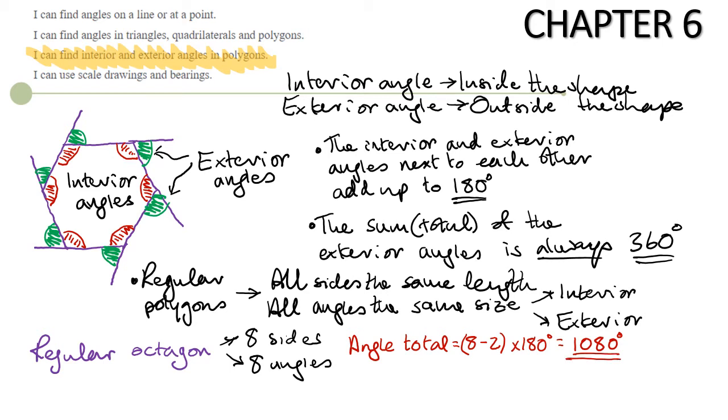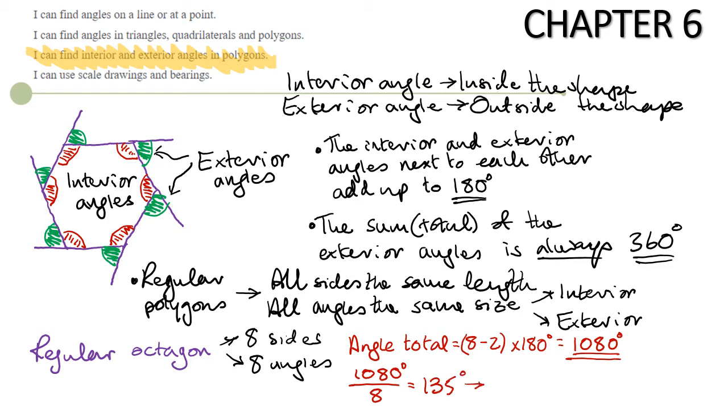Now since it's regular and all the angles are the same, if I do 1080 divided by 8, I find the size of one angle in a regular octagon. So I do 1080 divided by 8, and I get 135. So each interior angle in a regular octagon would be 135 degrees.